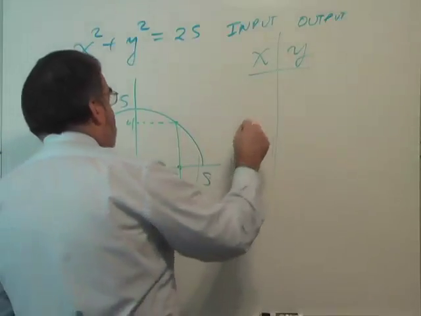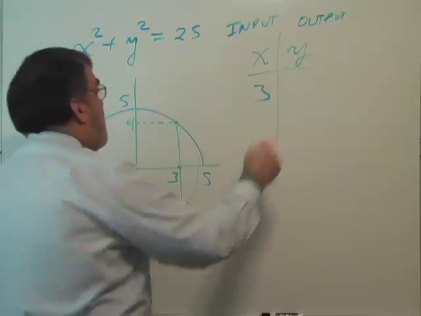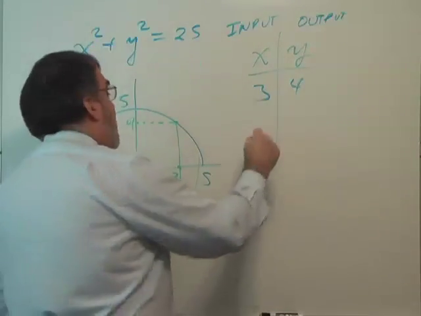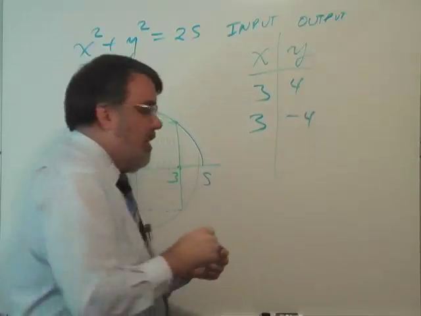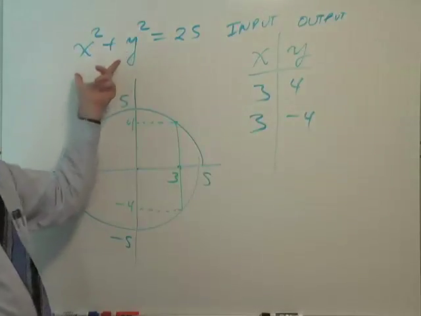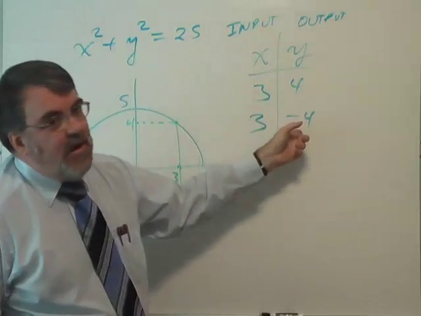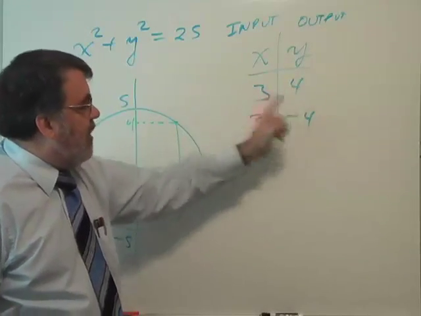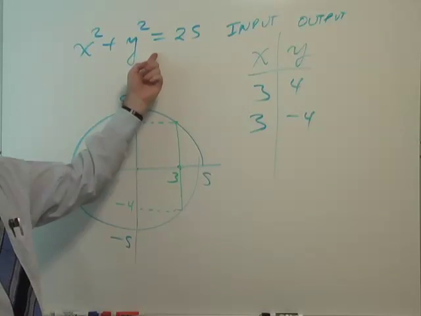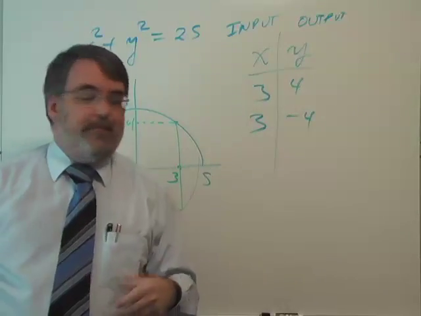Okay, if x is 3, then y could be 4. Or if x is 3, y could be negative 4. Now, you can easily check to see that these pairs of numbers both fit this equation. And what's happening is when you square the y value, you get a positive number. So I can feed a 4 or a negative 4, I'll still get a 16 here, I'll get a 9 here. 9 plus 16 is 25.